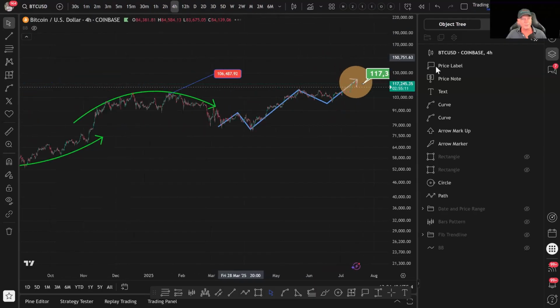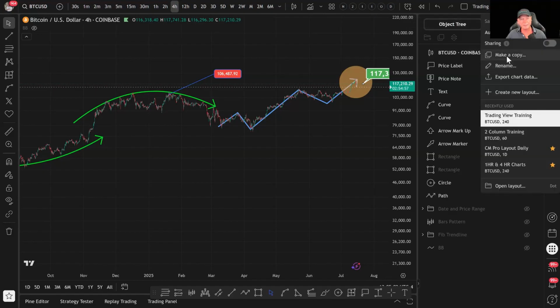And what you can do there is jump over onto the version here where it labels your chart, and it's already saved. And then under this drop down, you can make a copy and then change the time windows.